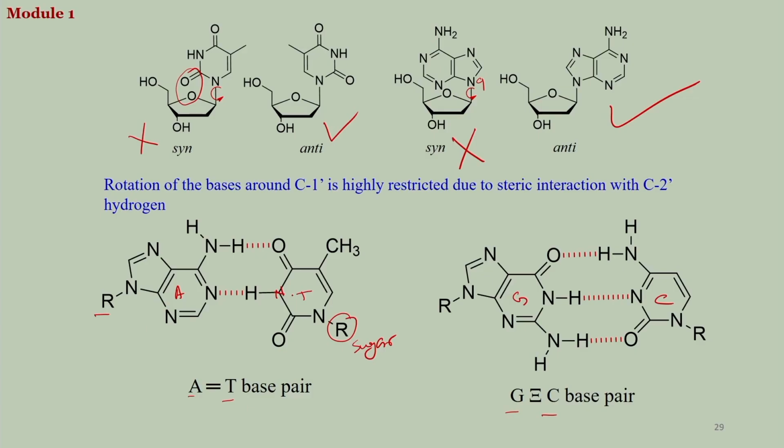Now, when you talk about hydrogen bonding, there are two factors. One is called the donor, the other is the acceptor. Donor represents T, acceptor represents A. Of course, you know all this, I will just give a brief recap.